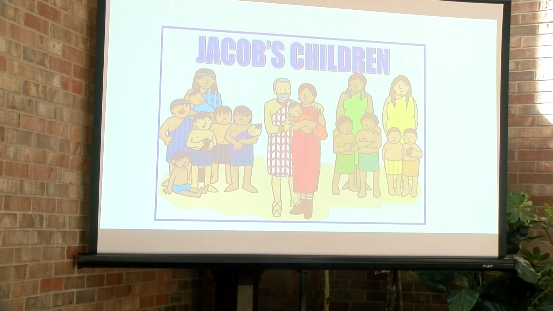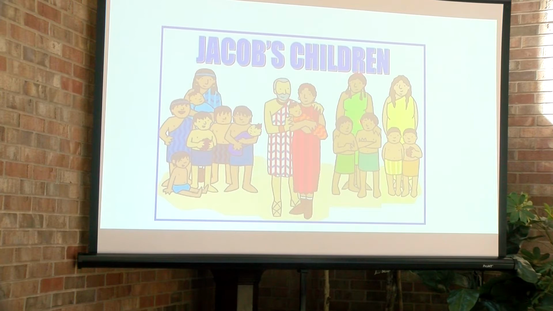Here we have Leah. Now you want to look at this picture rather carefully. If you look at Leah, you find 1, 2, 3, 4, 5, 6. There's 6 kids. We find that Rachel didn't have any children for a long time. Later on, Joseph comes.